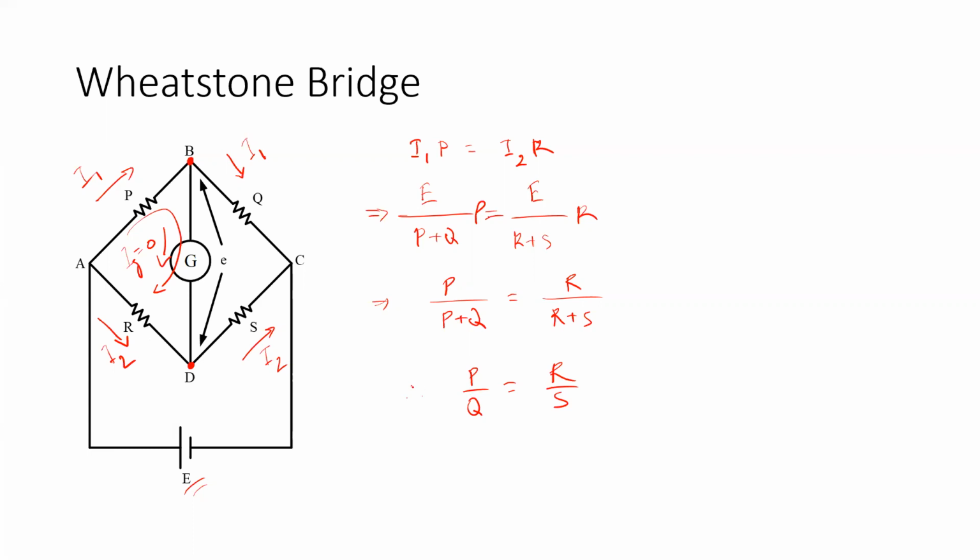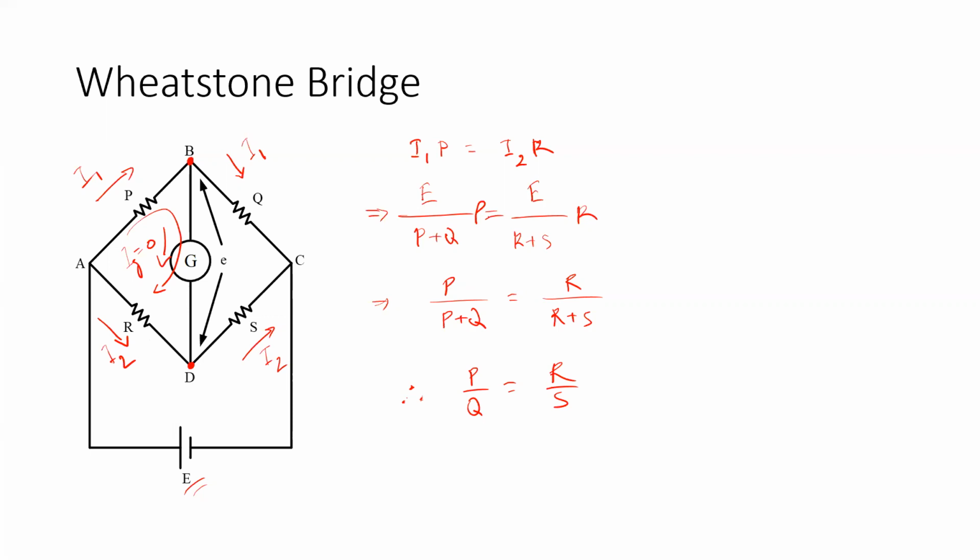So if three of the resistances are known to us, we can determine the unknown resistance. This concept is known to most of you, or all of you actually.